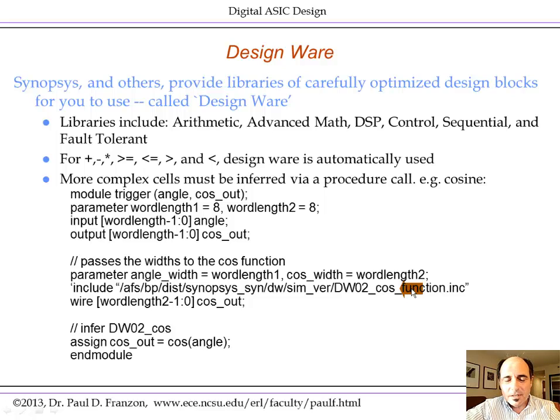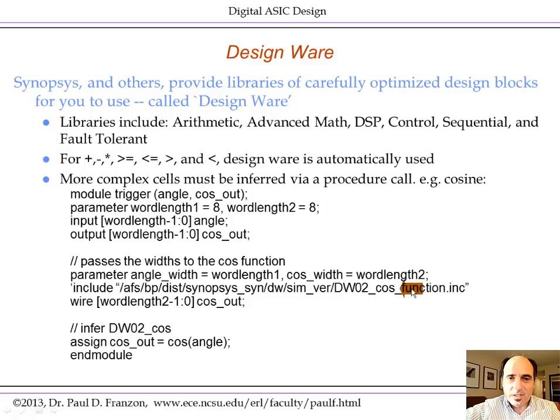So many of the synthesis vendors, whether you're using Synopsys for standard cells or using an FPGA design, often provide you with what's called intellectual property. This is other people's designs that someone's gone to a lot of effort to try to get fairly optimal. In Synopsys, this is called DesignWare.